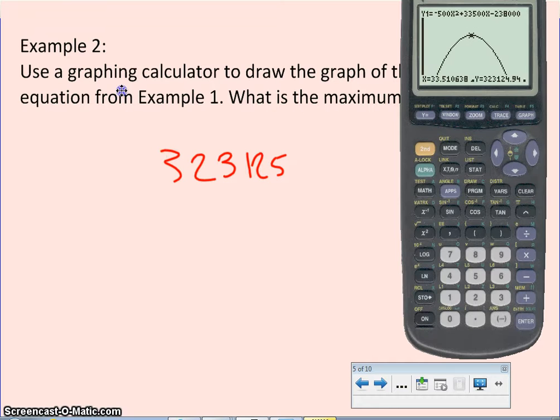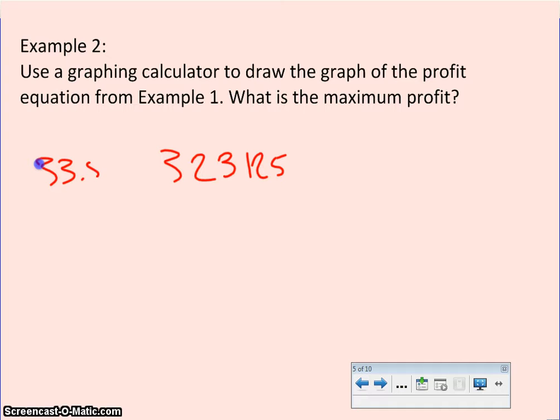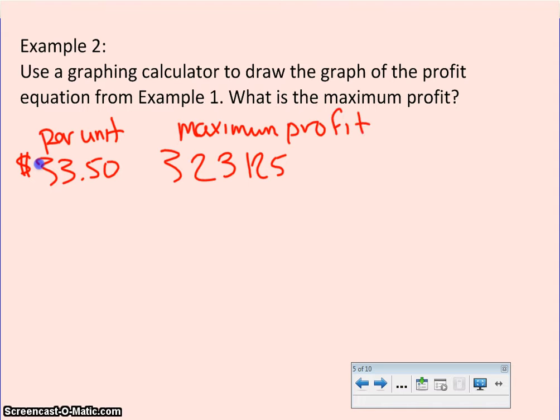And that is when you are selling them for about $33.50 a piece. So per unit sold, the price is $33.50 and the maximum profit is $323,125.